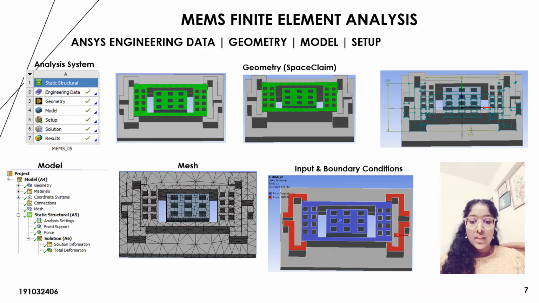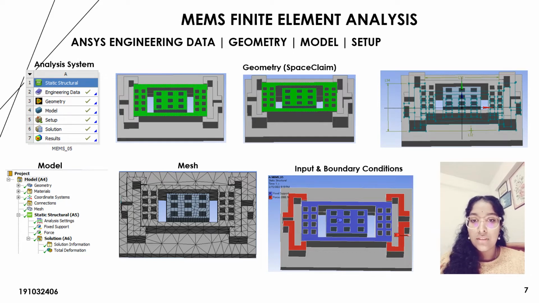In ANSYS, first of all, we have to open static structure and insert the materials that we use in this project at engineering data. Then open geometry and sketch the structure of the proposed switch. Once it is generated successfully, we can create the model. In the model, we have to insert material, coordinate systems, connection, and mesh.